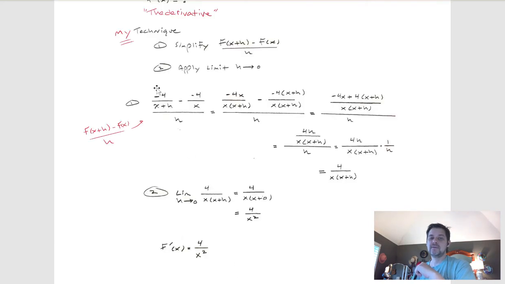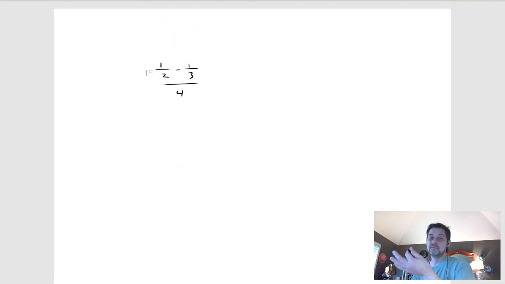Suppose I had 1/2 minus 1/3 over 4. That's a lot like what I'm dealing with now, in that I have this fraction minus this one divided by that whole number. By analogy, what I'm about to show you is just like this.